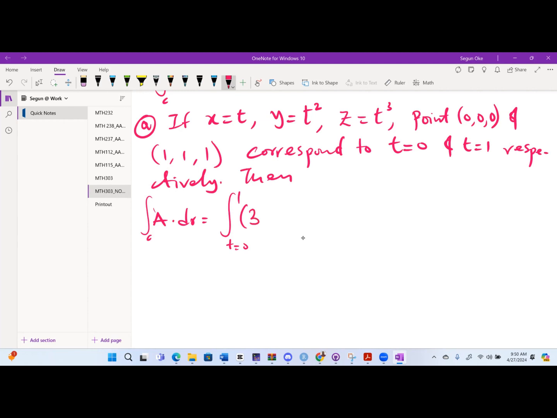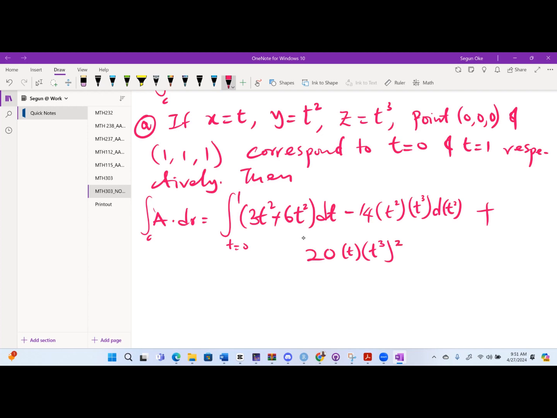The first one we have here is 3t squared, which becomes t squared plus 6t squared dt, minus 14 into t squared, t cubed, d of t squared, don't forget, because it's y, plus 20 of t cubed squared, d of t cubed.